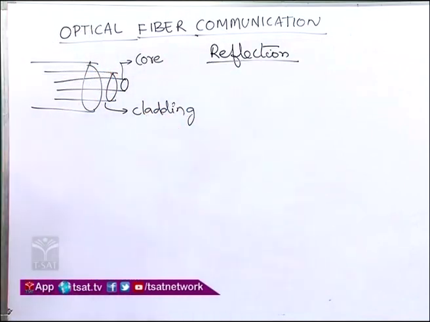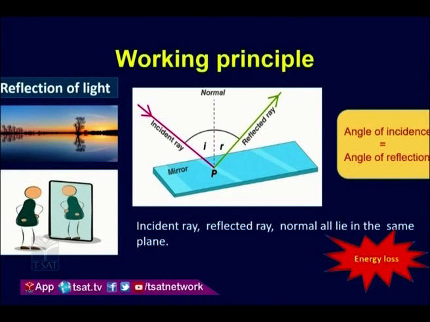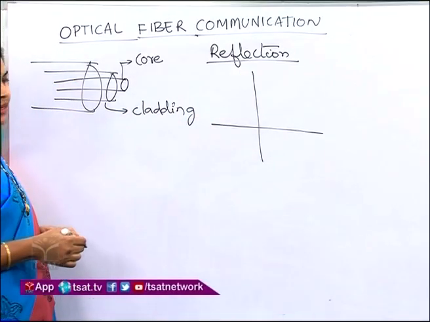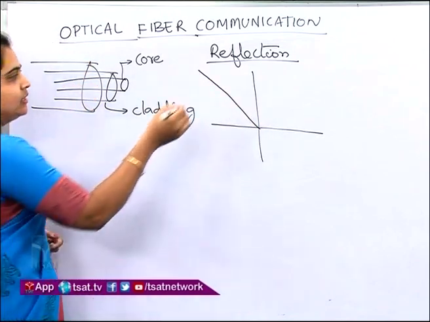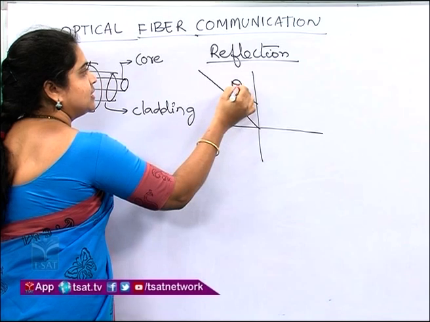Look at the slide. These are our daily life examples for reflection. Here there is a boundary and a normal, and the light ray is incident on the boundary with angle of incidence θ1.